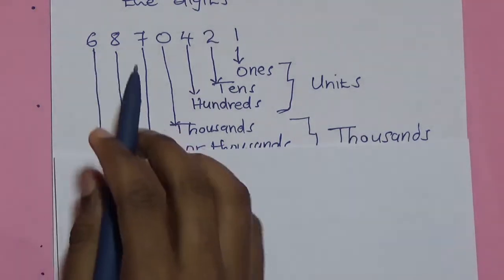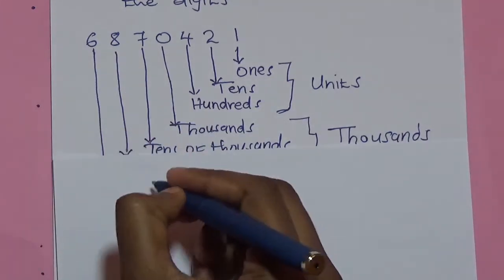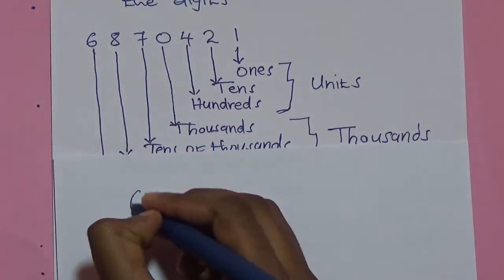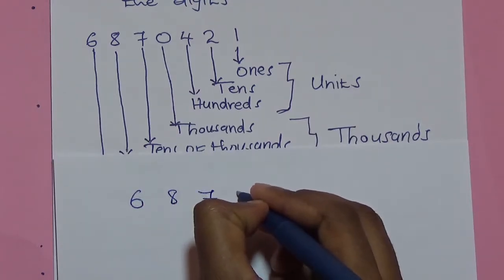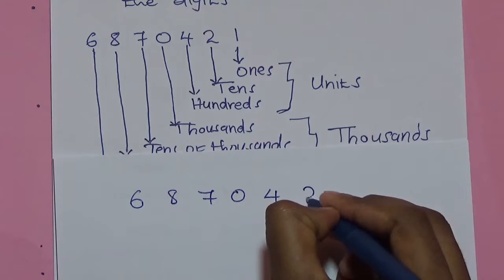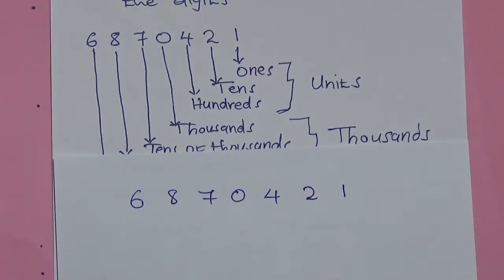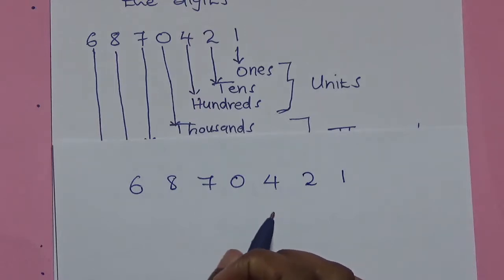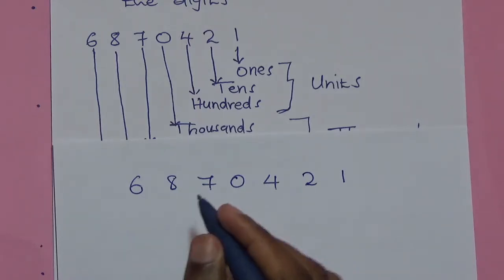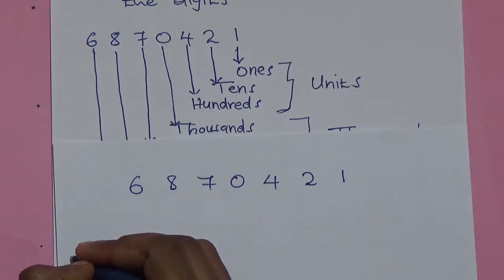The number we are given is 6, 8, 7, 0, 4, 2, and 1. Now, you are supposed to write the same number in words.